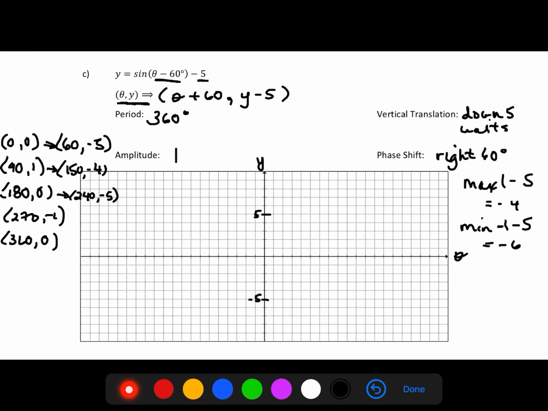Each block has a value of 1. For our theta axis, we want to make sure that we can shift 60 degrees. So if we make each block worth 30 again, we know we're just going to shift to the right 2 blocks.